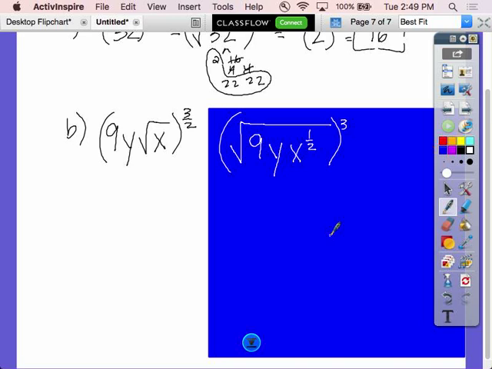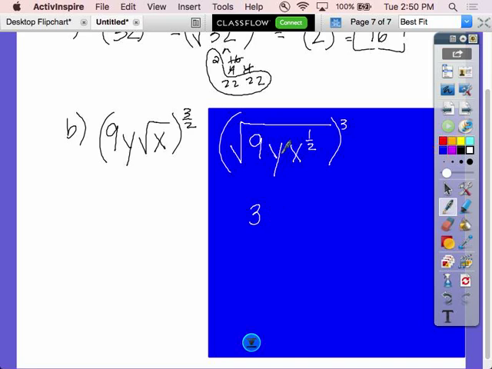Because it was 3/2, the 2 tells us we're going to take the square root. 2 is the index. And since it's outside the parentheses, we're going to take the square root of all of that. But x under the square root means x to the 1/2. And then we're raising everything to the 3rd. Now, what's the square root of 9? The square root of 9 is 3.